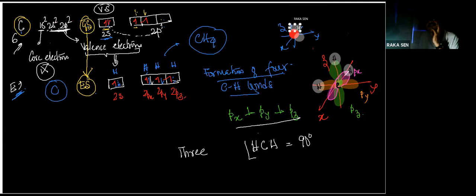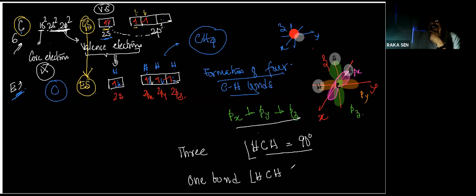It can sit at any of the positions, only one. That means I'll be having three bonds of 90 degrees each, and I'll be having one carbon-hydrogen bond, one hydrogen-carbon-hydrogen angle, with no fixed angle.